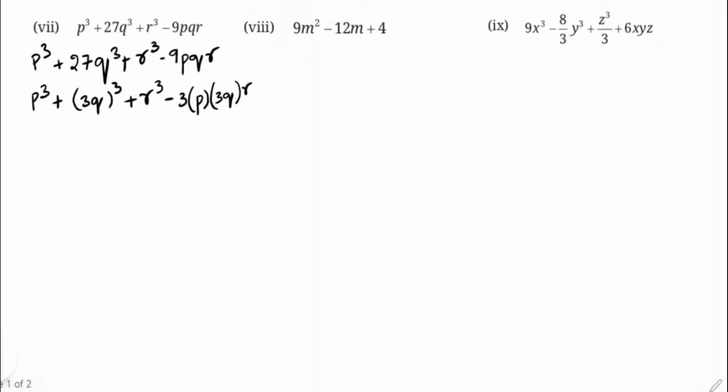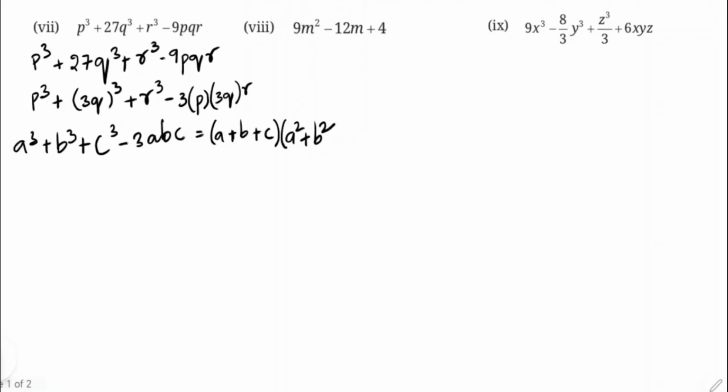The formula is a³ plus b³ plus c³ minus 3abc, which is equal to a plus b plus c into a square plus b square plus c square minus ab minus bc minus ca.